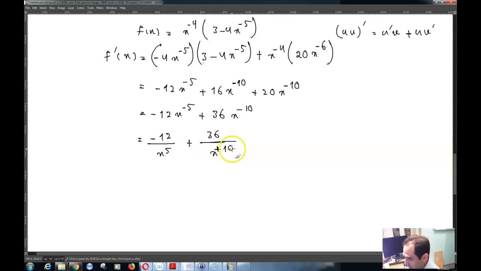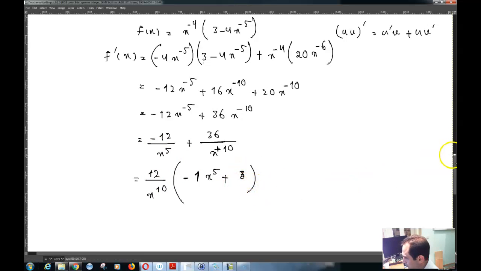And then you can take, for example, a 12 out here and x raised to the power 5 out. Or you can take x raised to the power 10 out. So I take, for example, 12 over x raised to the power 10 out, and that becomes negative 1 times x raised to the power 5 plus 3, right?